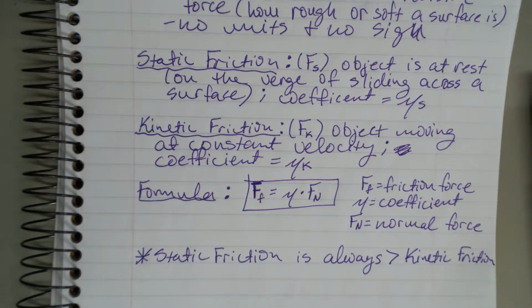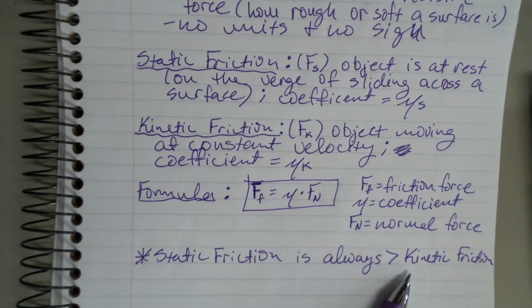The reason is it doesn't take as much fuel to keep the car moving, like on a highway, as it does to start it moving, which is what you'd be doing in a city with a lot of stoplights, stopping and going at every stoplight and stop sign. So try to remember that static friction is always greater than kinetic friction, and think about that gas mileage. Which one do you think would be better, city or highway? Highway, yeah. Because that's where you're only really working against kinetic friction and just keeping the car moving.